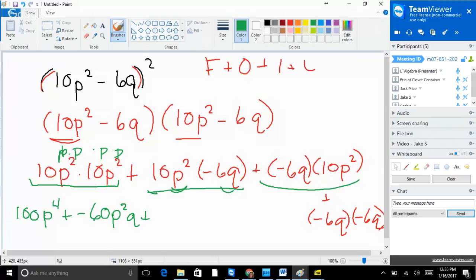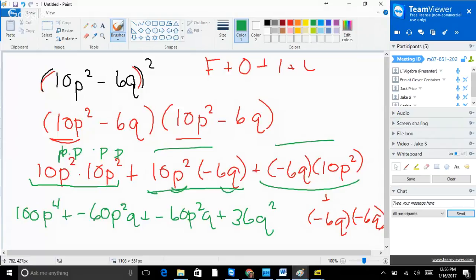So we have negative 6 p squared q. It's basically the same as the outside and the inside are the same, right? And then last we have negative 6 times negative 6, so positive 36. And q times q is q squared.